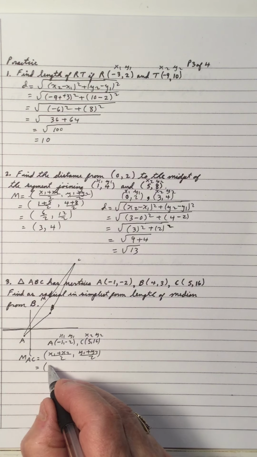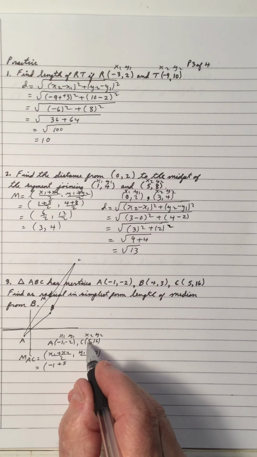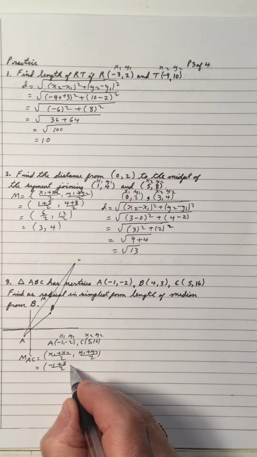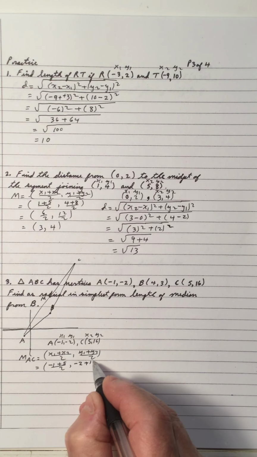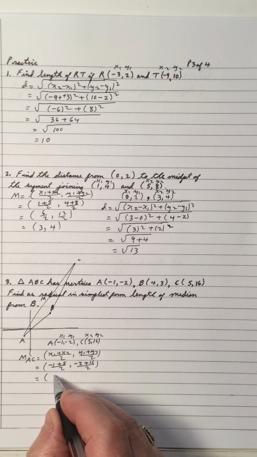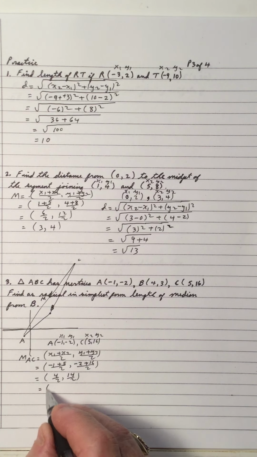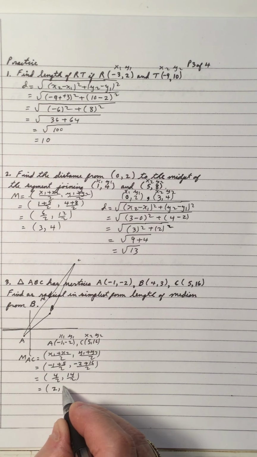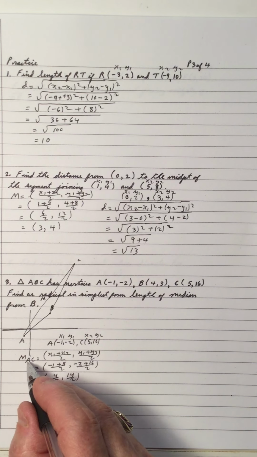So that's -1, add on 5, x1, x2 over 2. y1 is -2, add on 16 over 2. So that gives 4 over 2, 14 over 2. So that's 2, 7. So that's the midpoint of AC.